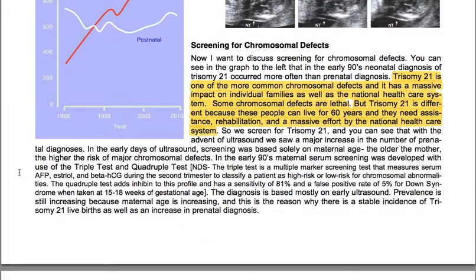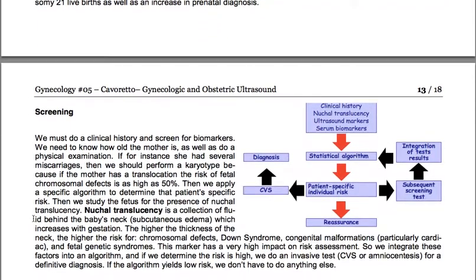The diagnosis is based mostly on early ultrasound. Prevalence is still increasing because maternal age is increasing, and this is the reason why there is a stable incidence of trisomy 21 live births as well as an increase in prenatal diagnosis.